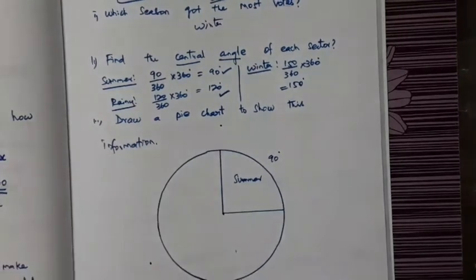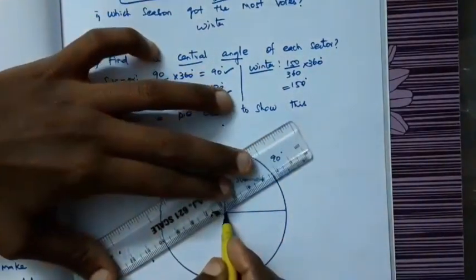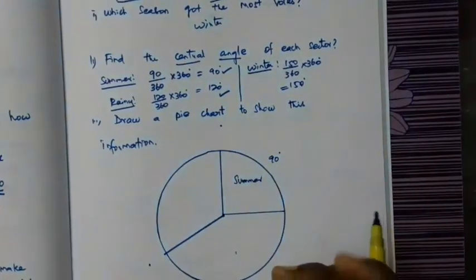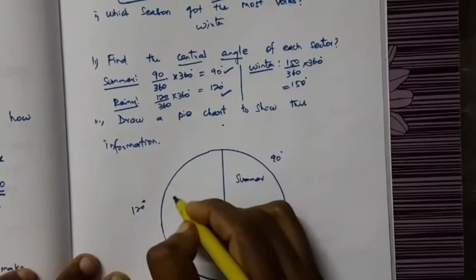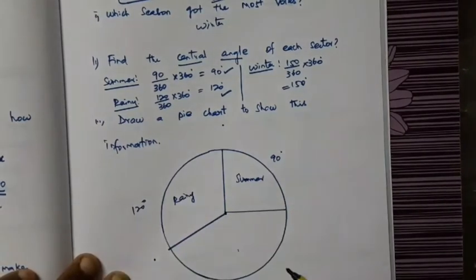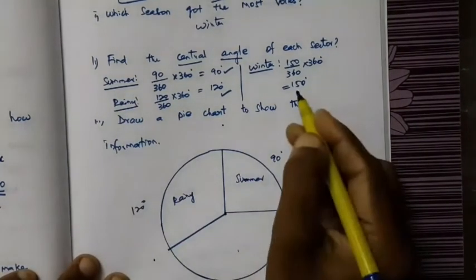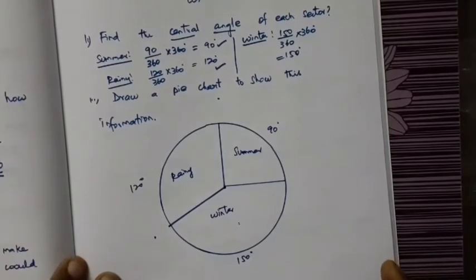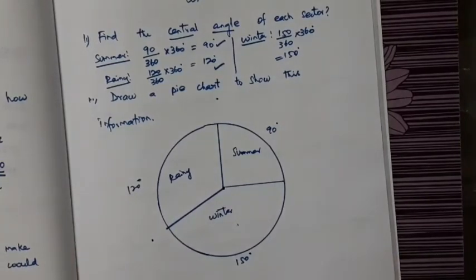Now I am going to join this. This is 120 degree. This is for rainy season. So remaining will be 150, that is for winter season. Winter, this is 150 degree. This is how we have to draw a pie chart.